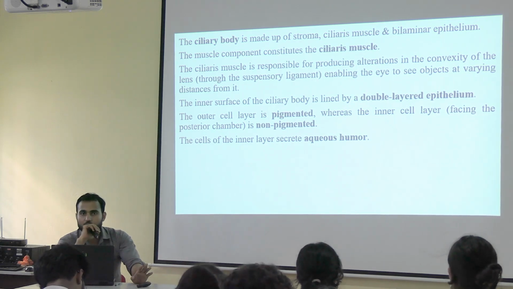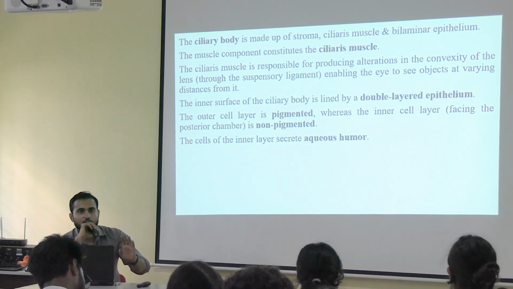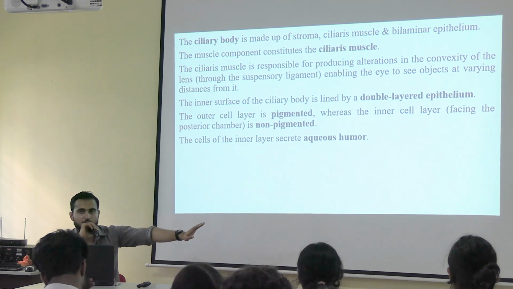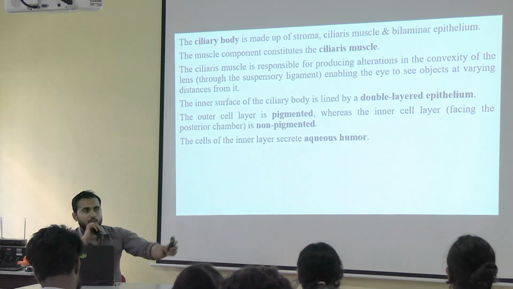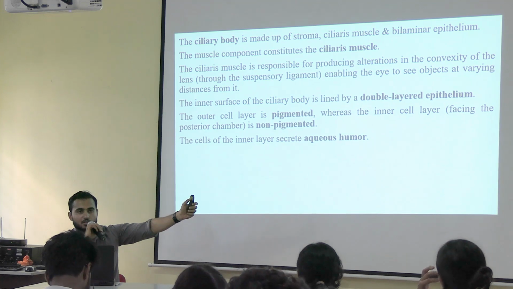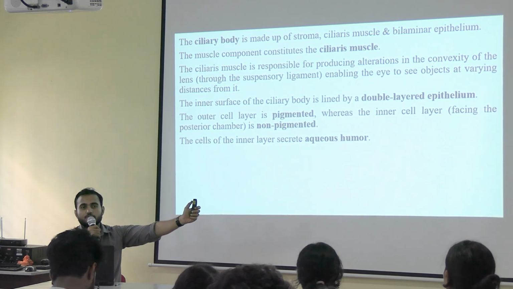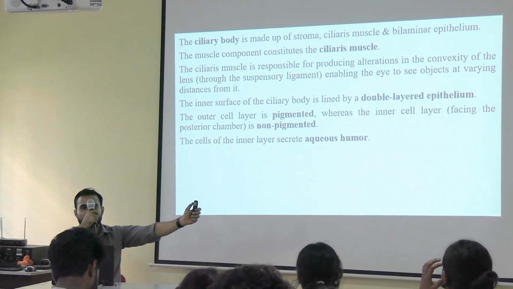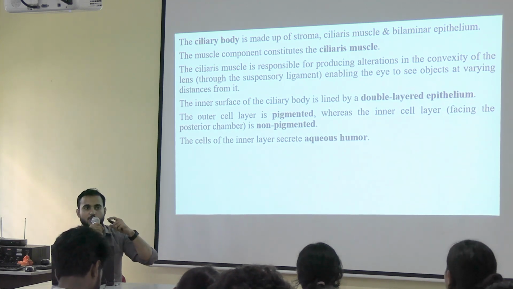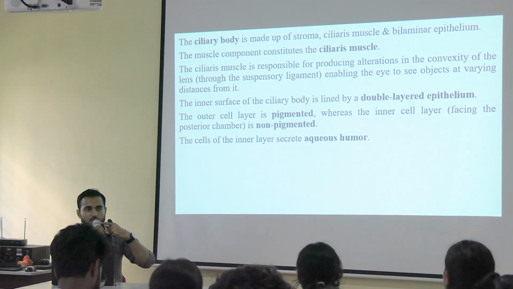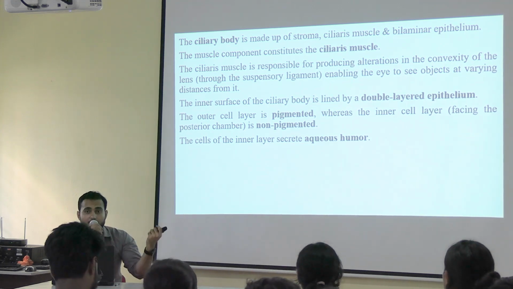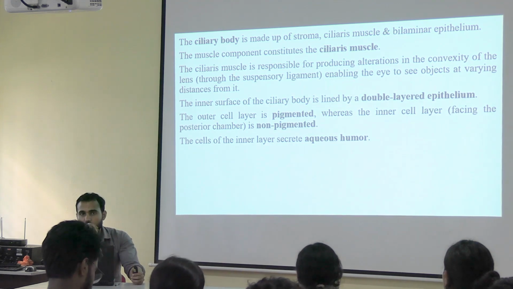Then only you can see the object clearly. Just focus on this particular object. If I bring something just in front of your eyeball like this, you can't see it. You have to focus it. For that, the ciliary body plays a major role.